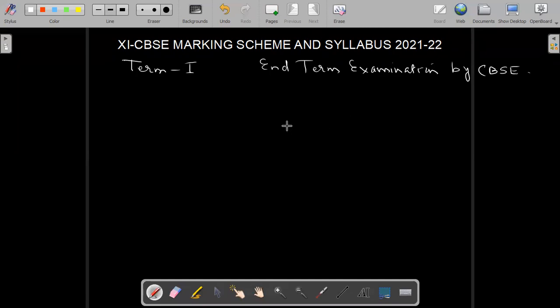CBSE will send the question paper, and it will be conducted in the month of November and December. And it will be MCQ type questions, all MCQ questions.